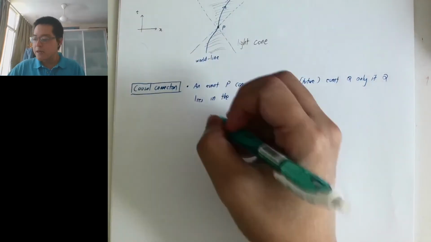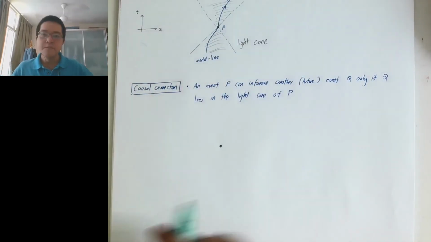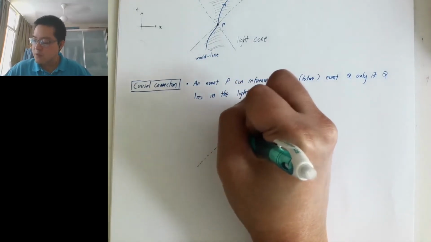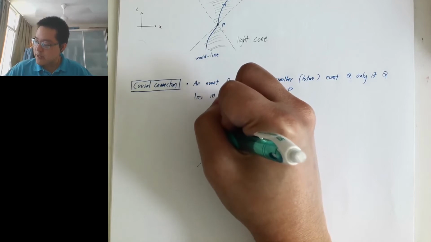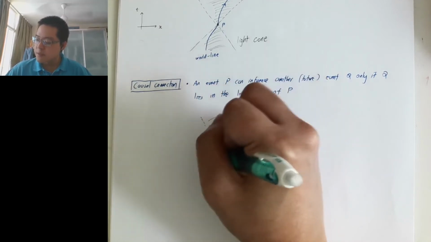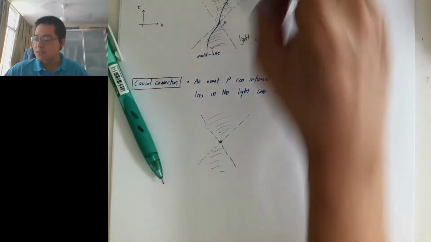An event P means something happening. When something happens, what are the consequences? The consequences will be happening inside here, within the light cone. So there are two possibilities.